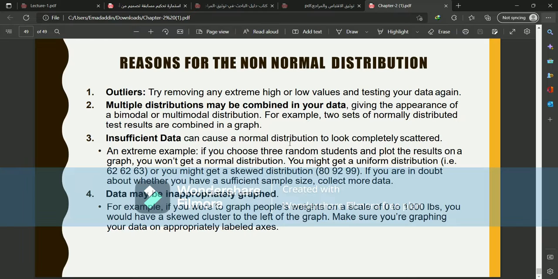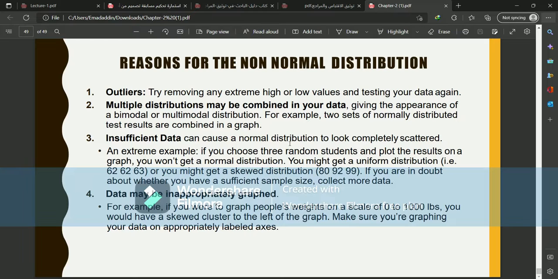If you are in doubt about whether you have a sufficient sample size, collect more data. Data may be inappropriately graphed.